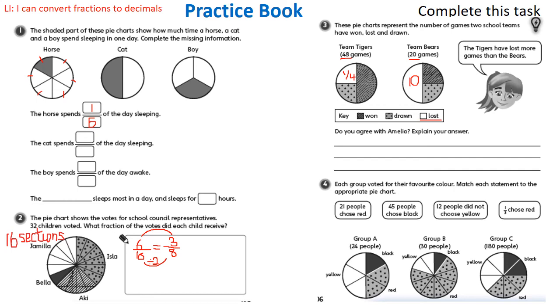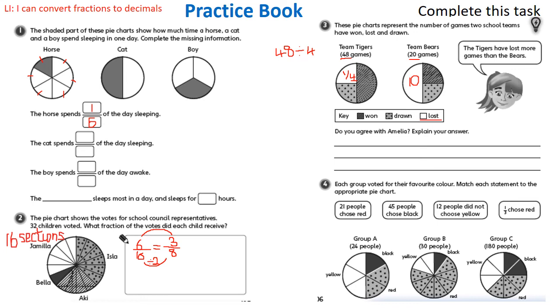Well, if we're finding a fraction of an amount, we divide by the denominator. So what you need to do is 48 divided by our denominator, which is 4. You can then see, once you've done that, which team has lost the most amount of games.